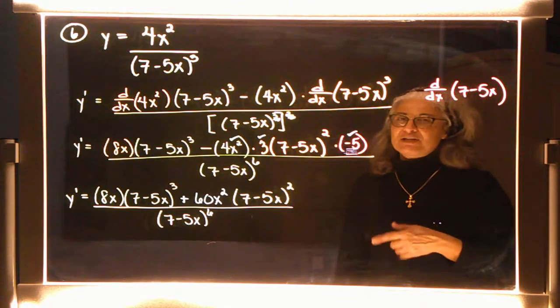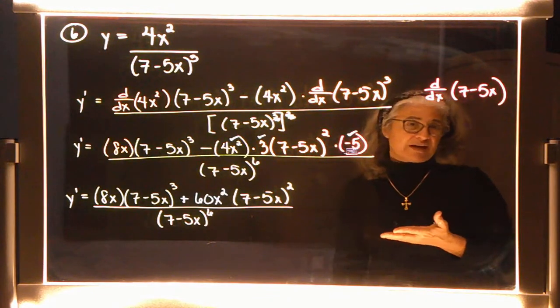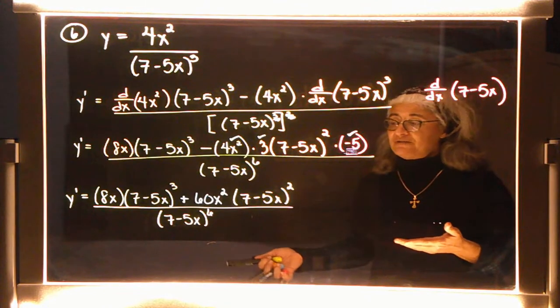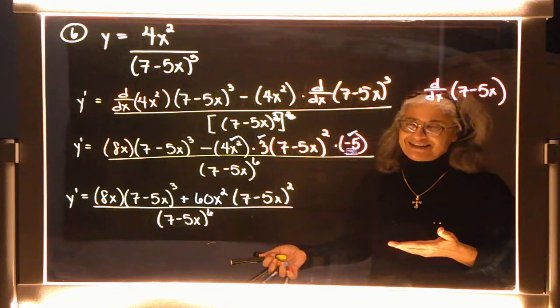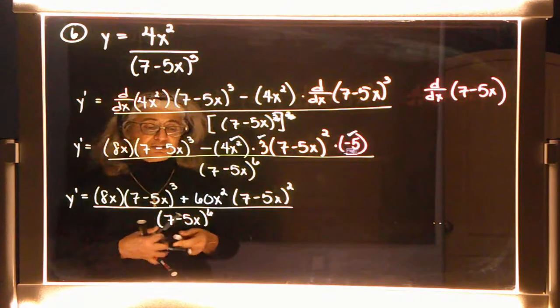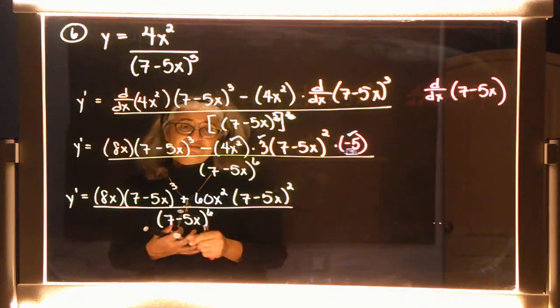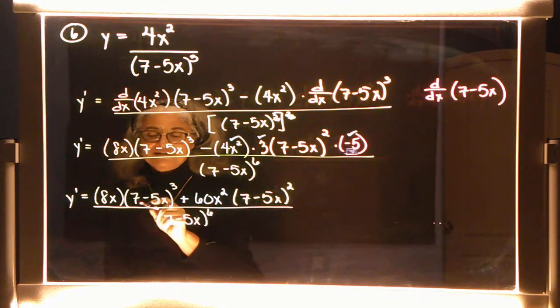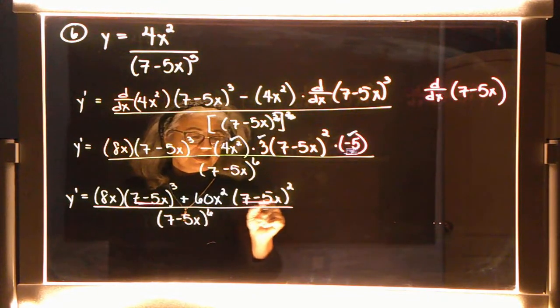Yeah, some of you are like, well, last problem we factored out a GCF. So what about this one? Do we have a GCF we can factor out? Yeah, good job. Some of you are seeing it. So in the numerator, you can factor out the GCF, can't you? What's the GCF from the numerator? Yeah, the 7 minus 5x.